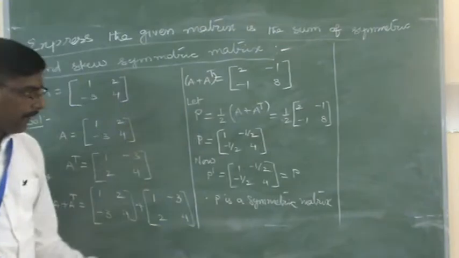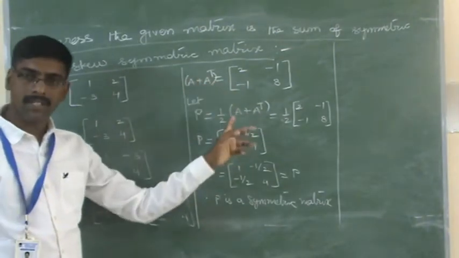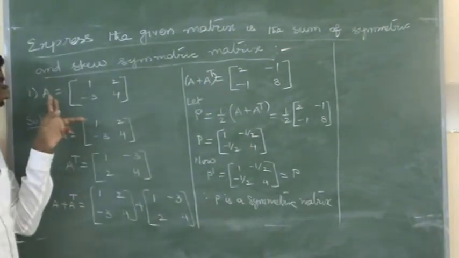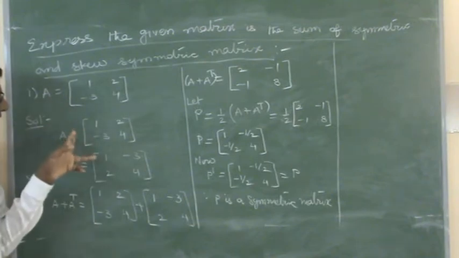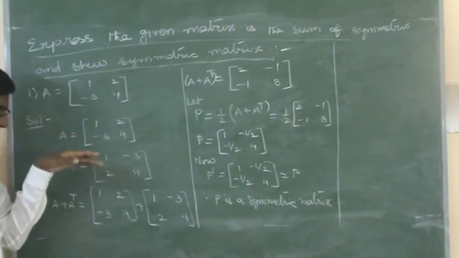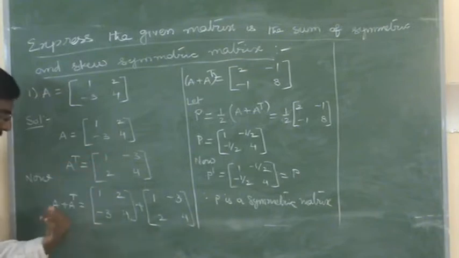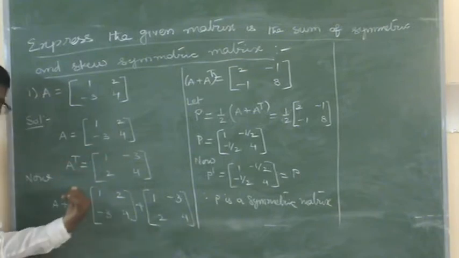See, let me repeat the problem. First listen carefully. From the given matrix A, first find out the value of transpose of A. Then find out the value of A plus A transpose.